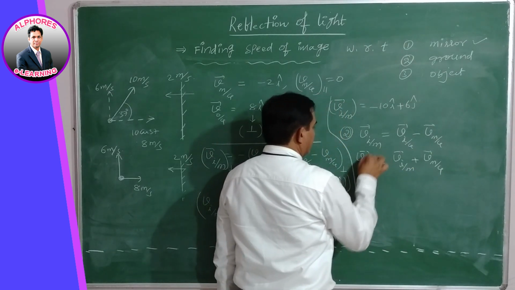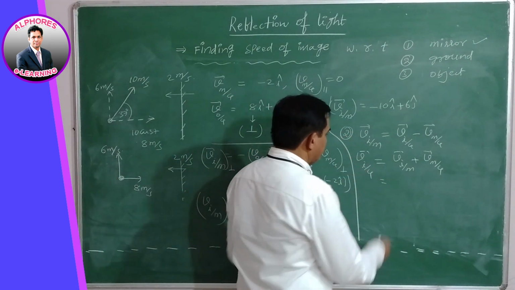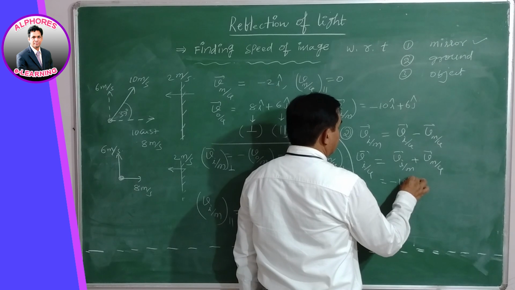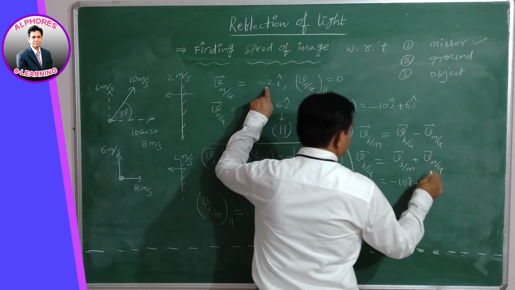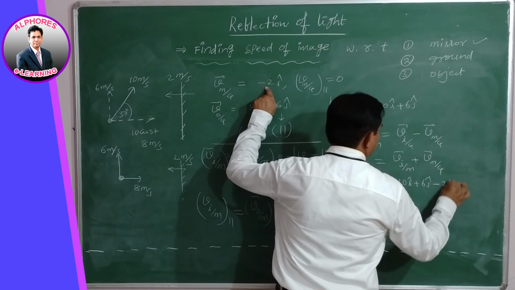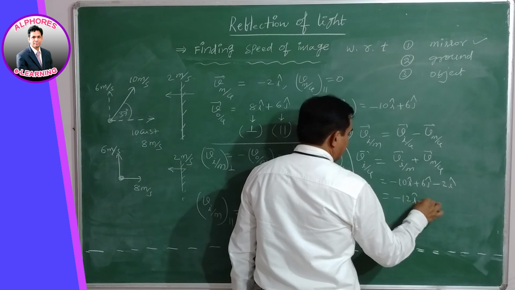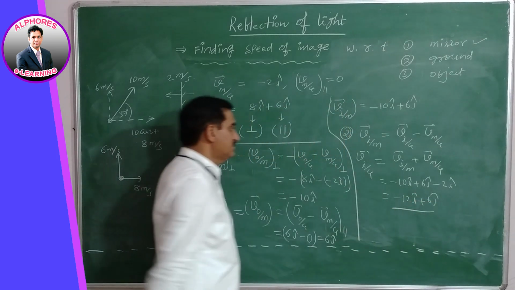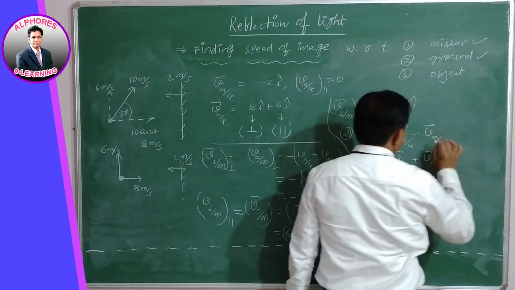Now image with mirror is already calculated over here, minus 10i plus 6j. Mirror with ground is minus 2i. And as a whole, by simplifying, minus 12i plus 6j. This is the answer for the second question.